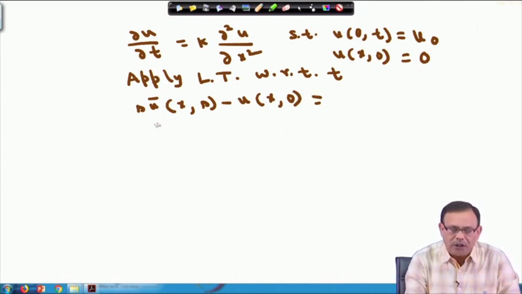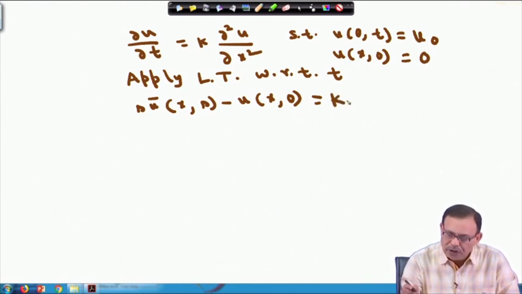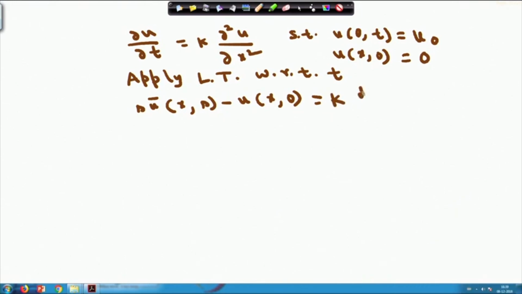So, del u del t you can write as s into u bar(x, s) minus u(x, 0). This equals k into d 2 u bar by dx square, where u bar is a function of x and s, and u bar(x, s) is nothing but the Laplace transform of the function u(x, t).